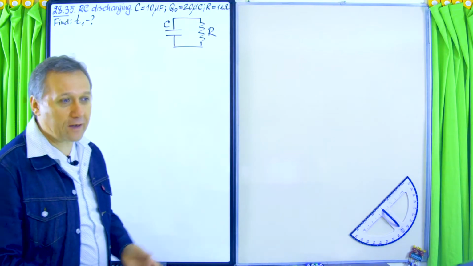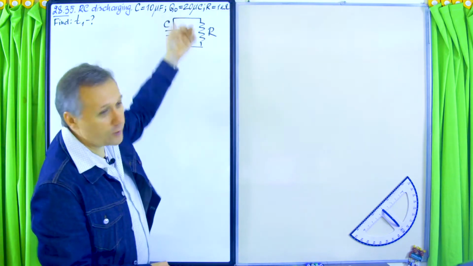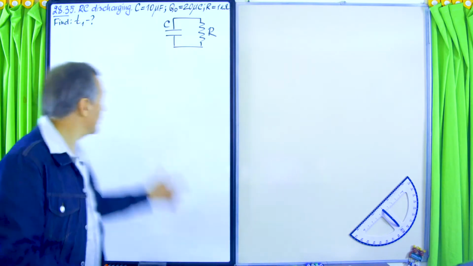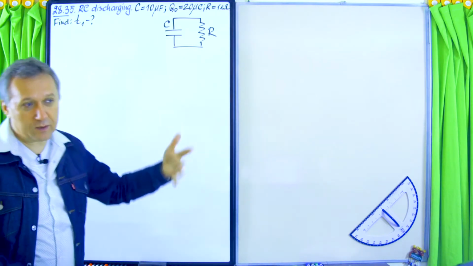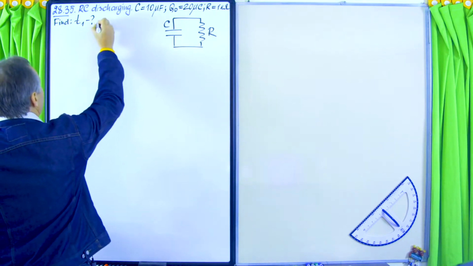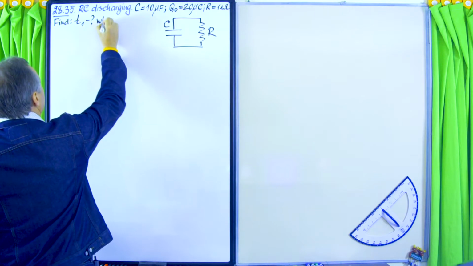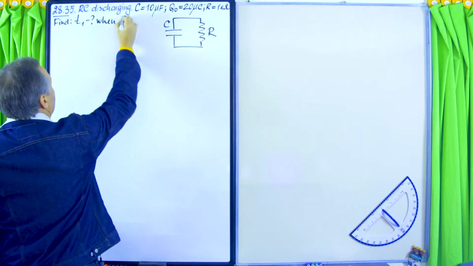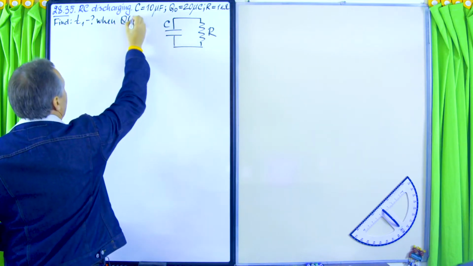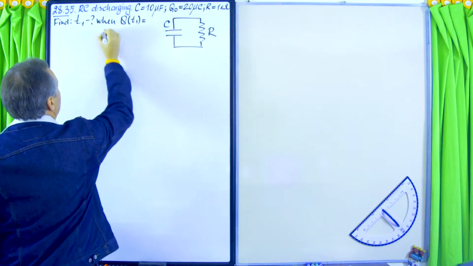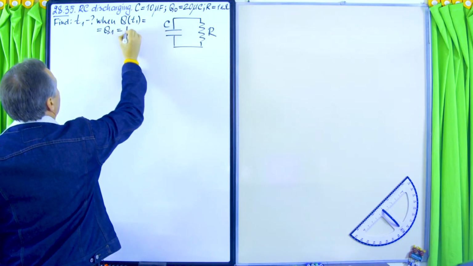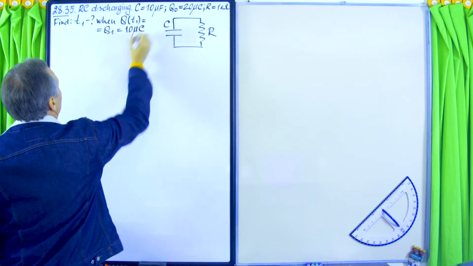Basically by a factor of 2, because the initial charge is 20 microcoulombs, and the charge at this moment of time will be smaller by a factor of 2. So T1 is when the charge, Q at T1, which I can also label as Q1 for simplicity, is equal to 10 microcoulombs.